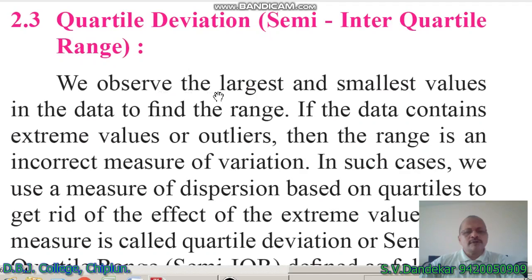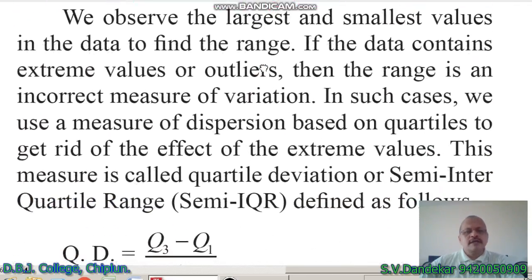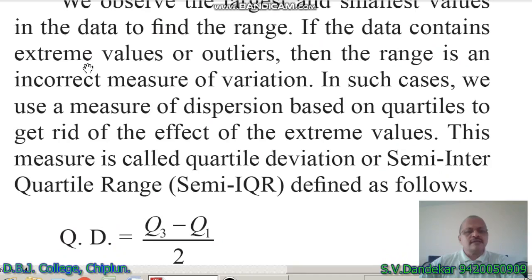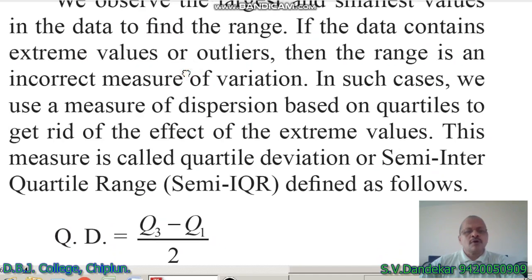We observe the largest and smallest values in the data to find the range. If the data contains extreme values or outliers, then the range is an incorrect measure of variation. In such cases, we use a measure of dispersion based on quartiles to get rid of the effect of the extreme values.